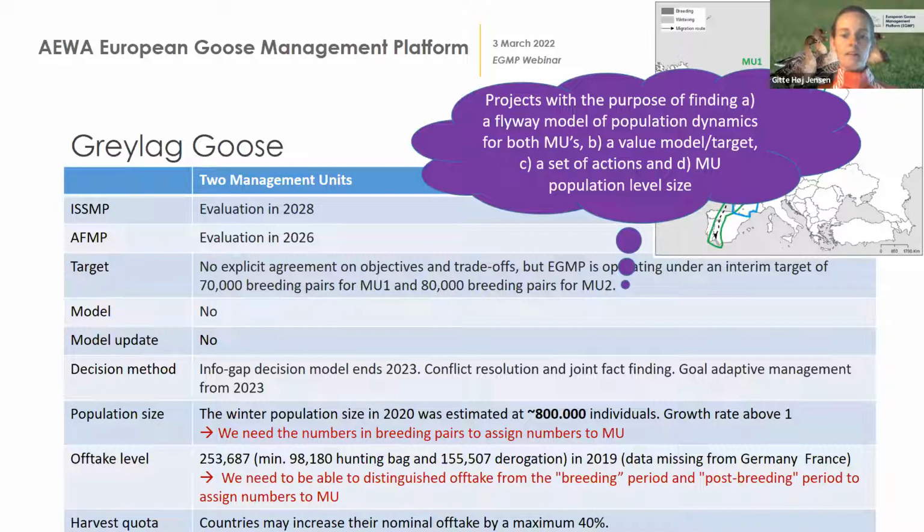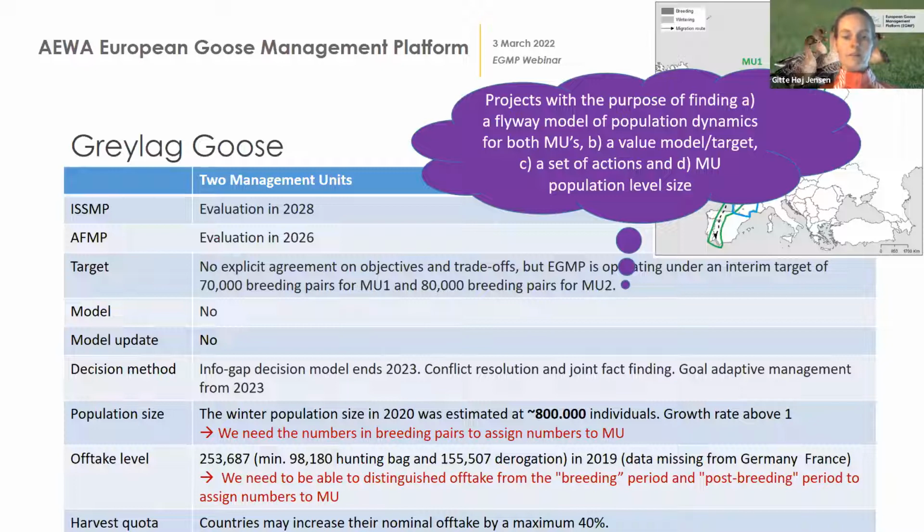So the latest estimate for this population were 800,000. There's still a growth rate above 1, meaning that the population is still increasing. But again here, to do the management unit level management, we need the numbers in breeding pairs. And the same goes actually for the offtake.